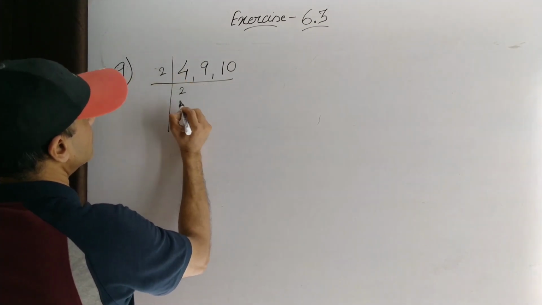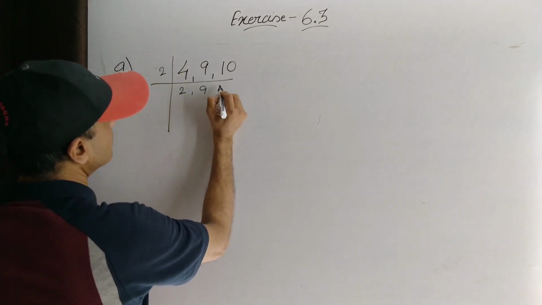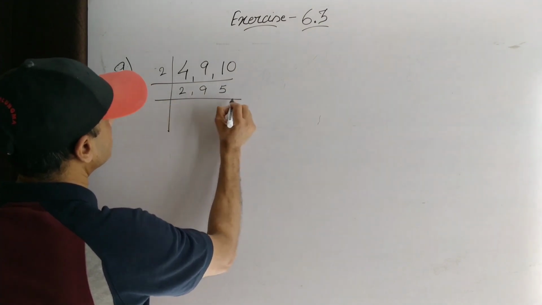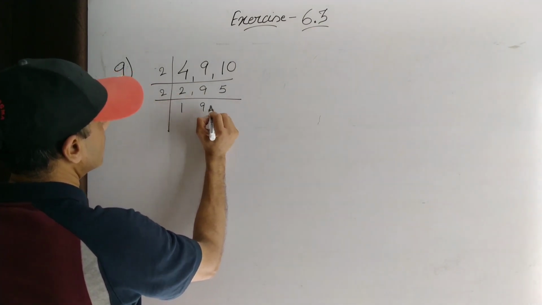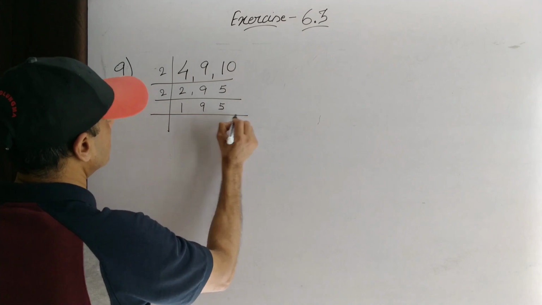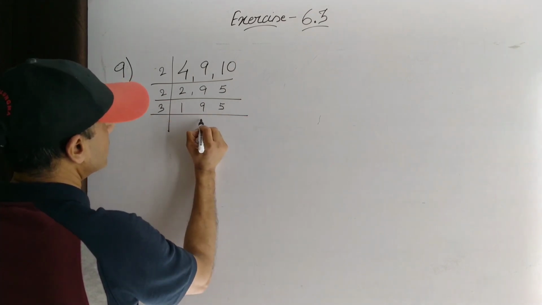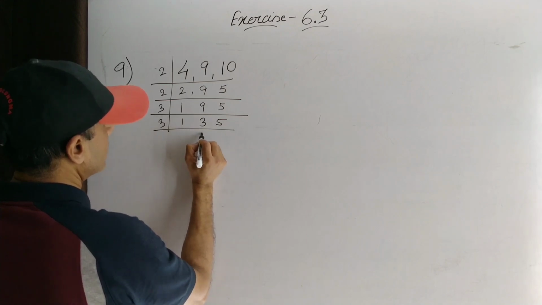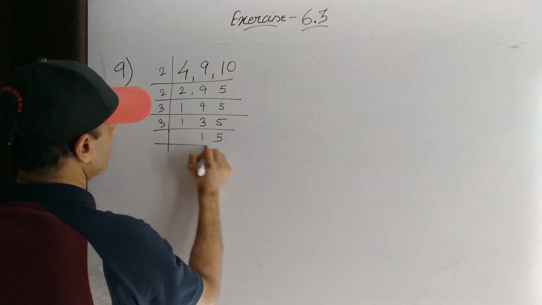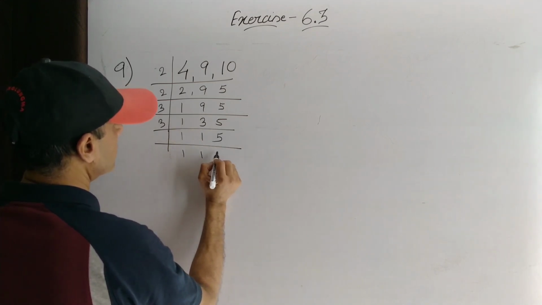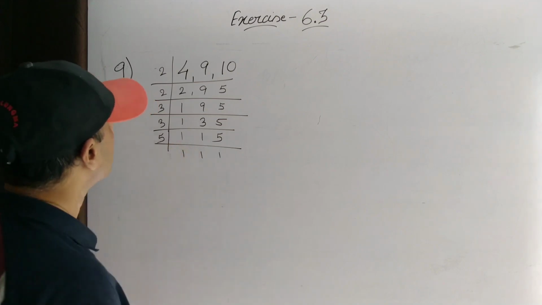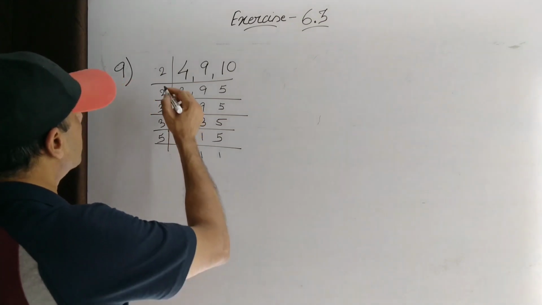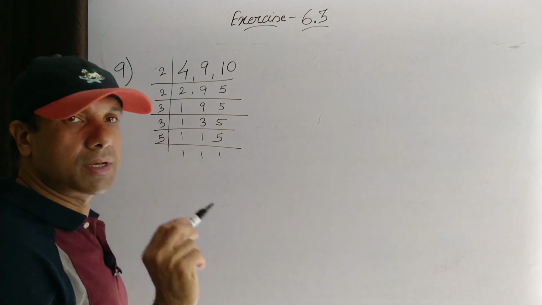We take 2, 2, 9 and this will be 5. Again 2, 1, 9 and 5. This will be 3, 3, 5. This will be 3 and this will be 5 and this will be 5. Now we have found LCM, that is least common multiple.